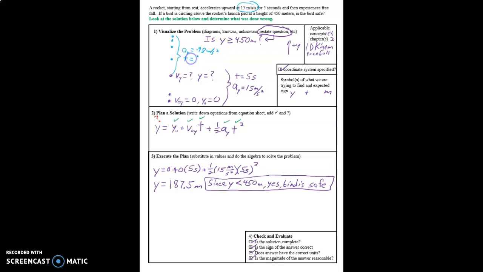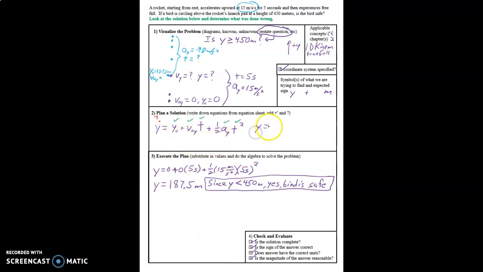And this is going to happen for an unknown amount of time. The beginning of this part is the end of that part. So we know that this height is 187.5 meters. And this initial velocity is equal to that final velocity, which we didn't find, but we can find that now.